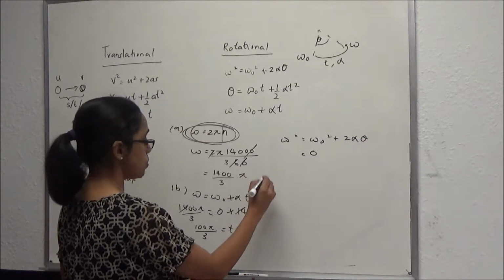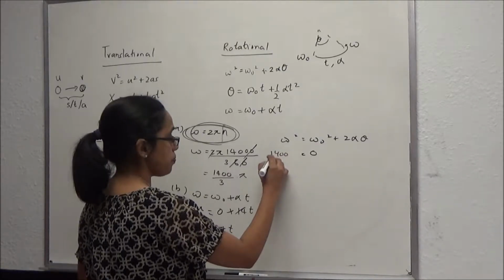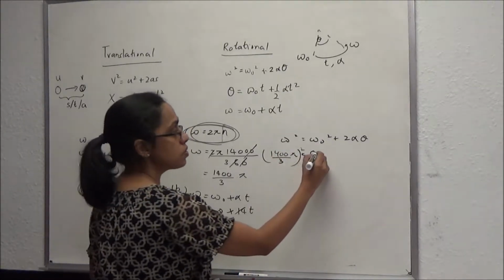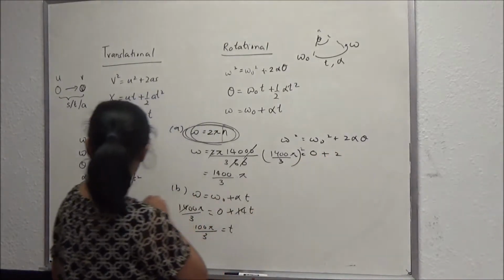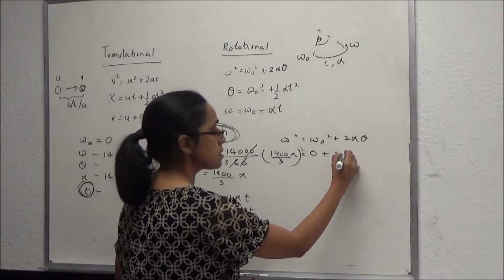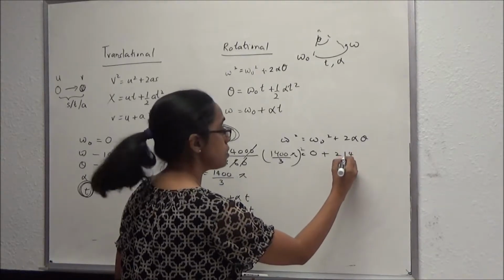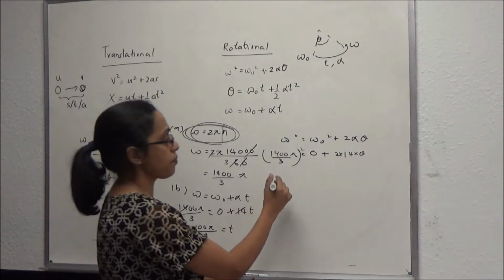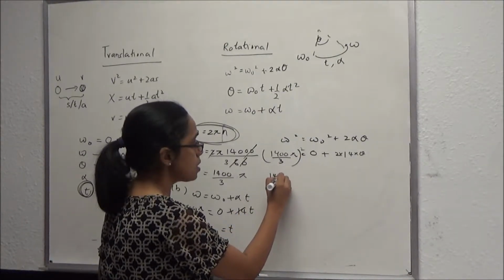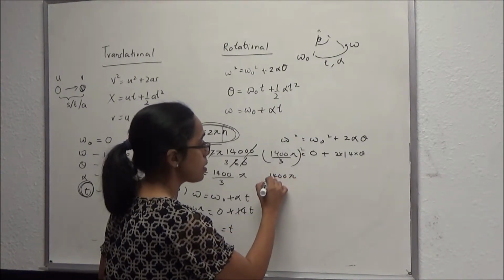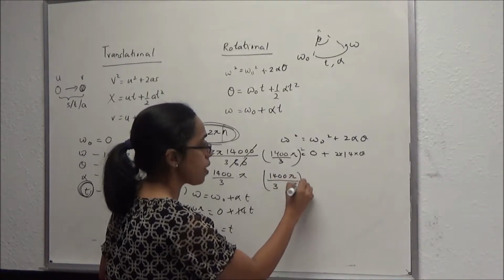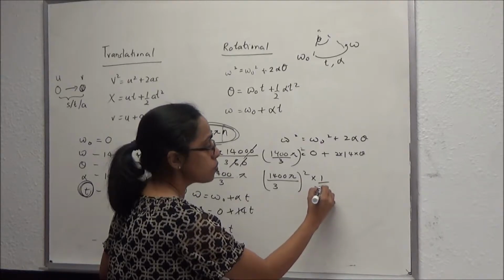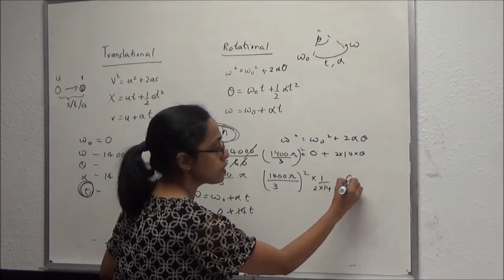Omega squared equals 1400 pi over 3 squared, equals 2 alpha theta. Alpha is already known, that's 40, yes, 28. So 1400 pi over 3 squared, you get 2 over 40 equals theta.